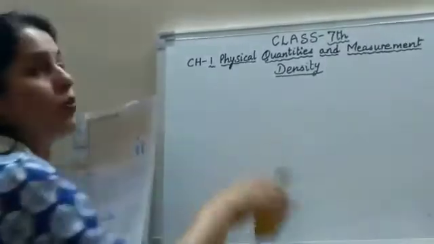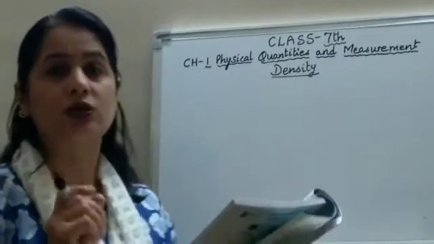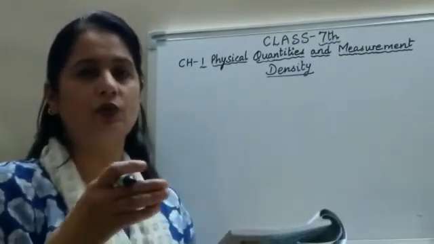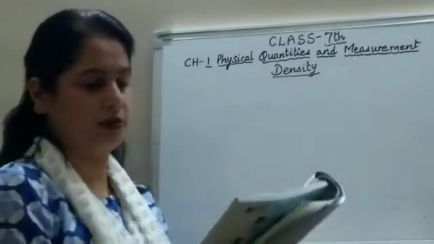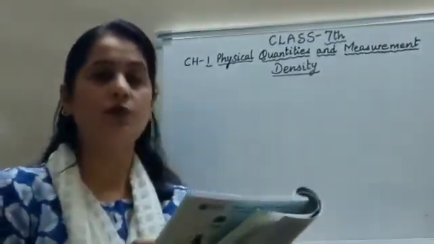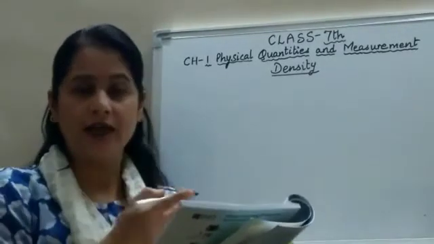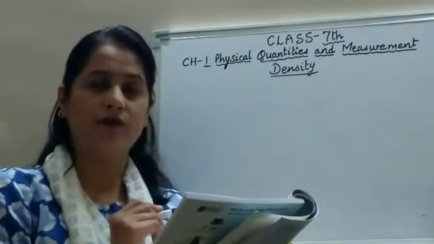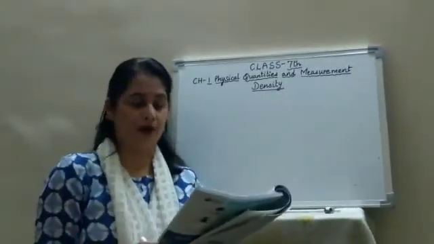It also decides whether an object will sink or float in a fluid. For example, the density of gold is 2.5 times more than the density of iron, which is about 2.5 times the density of aluminium.